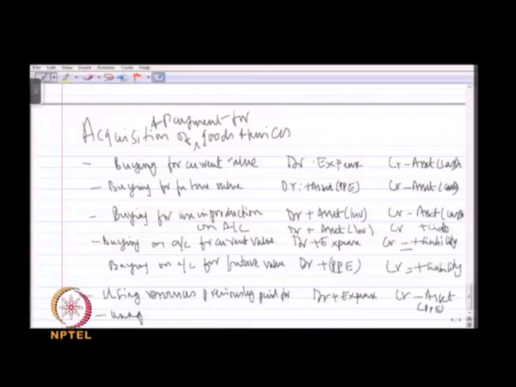Or also could be using resources but not yet billed. I have already used the resources, but I have not been billed for that, still I need to treat this as an expense, and it will become a liability account. Usually we call that accrued expenses.